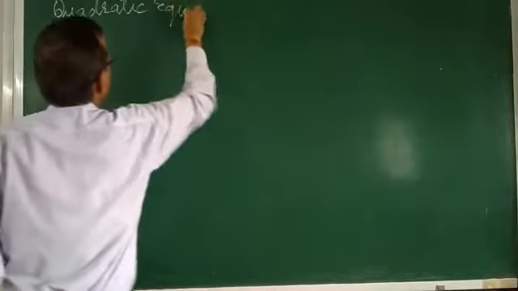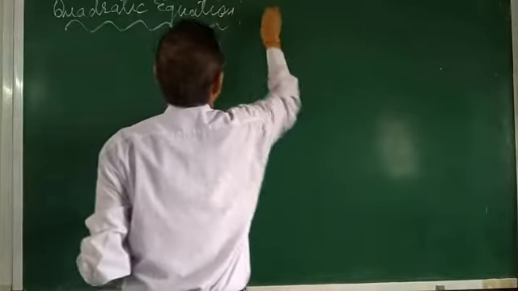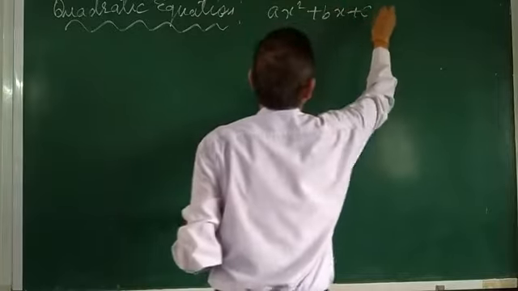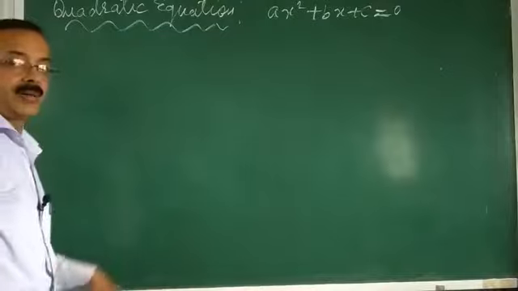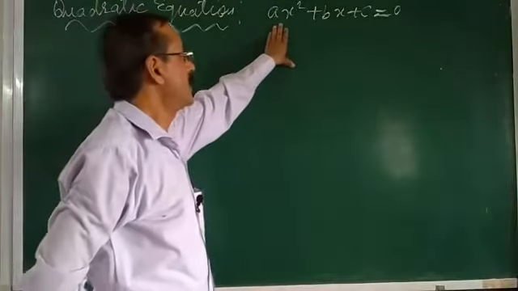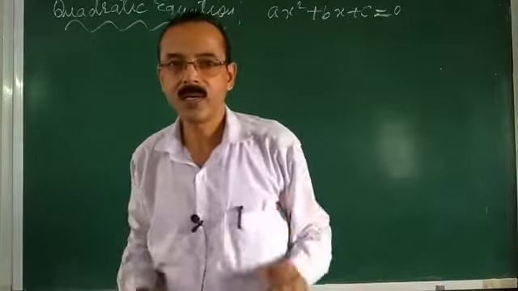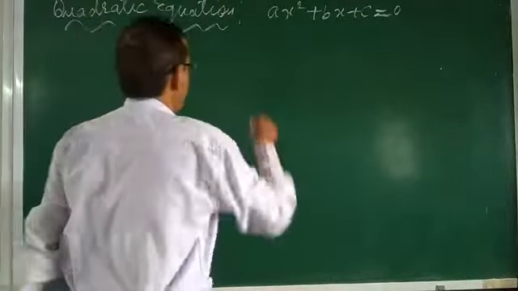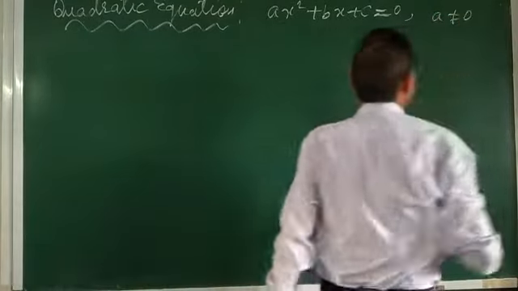A quadratic equation: an algebraic expression in the form of ax square plus bx plus c is equal to 0 is called a quadratic equation. What should the condition be? a should not be equal to 0.